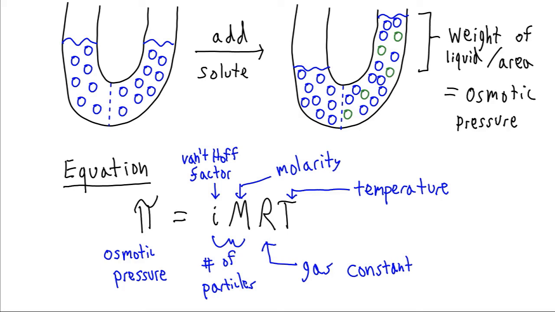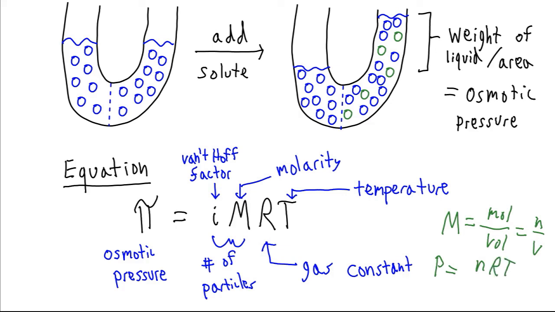Now this equation actually looks pretty familiar. Remember, molarity is moles per unit volume, so we can think of that as n over V. And if we make that substitution into this equation, then we have that our pressure is equal to the number of moles times the ideal gas constant times the temperature, divided by the volume.